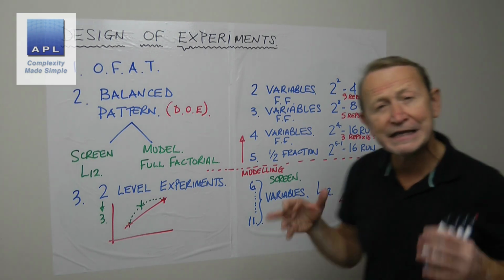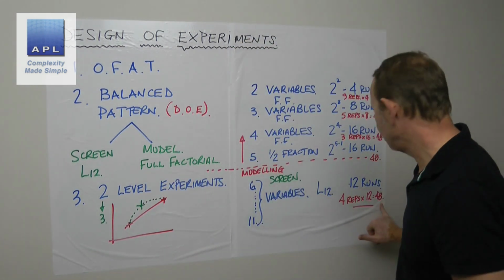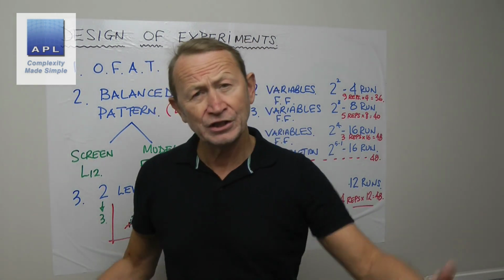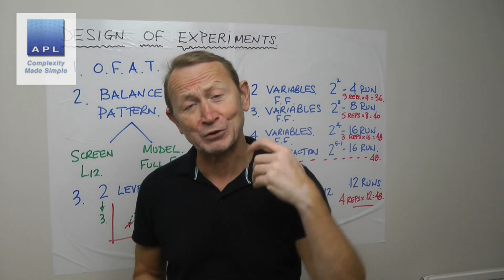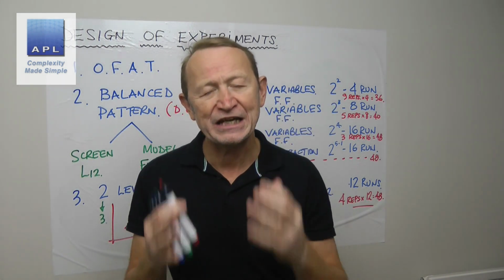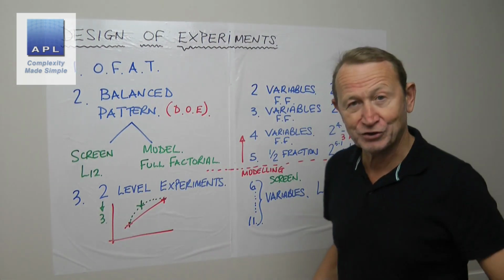I can get knowledge on 11 variables with just 48 samples. Divided through, it's just 4 samples per lever. When people say, is there a fast way? Yeah, there's the fast way.